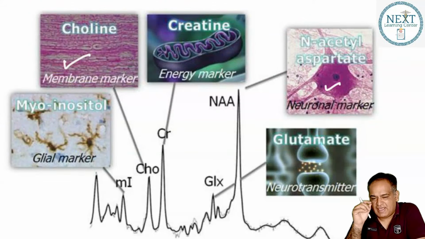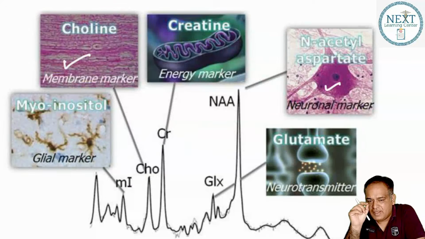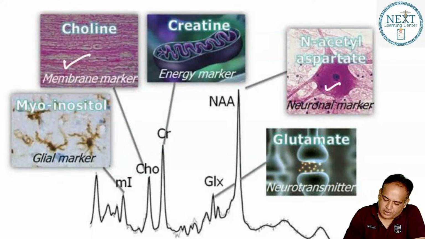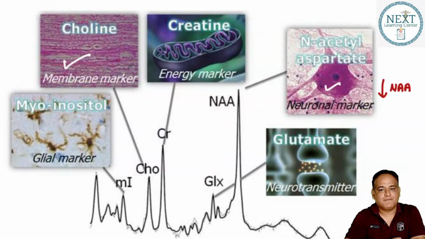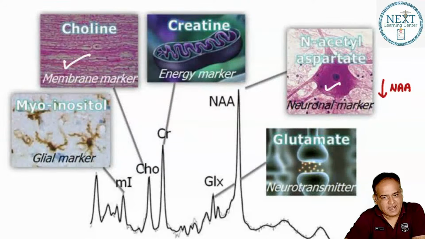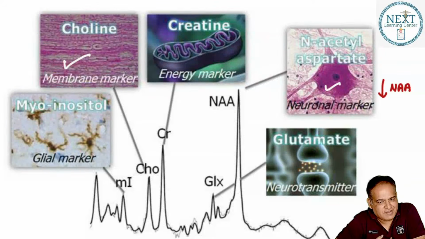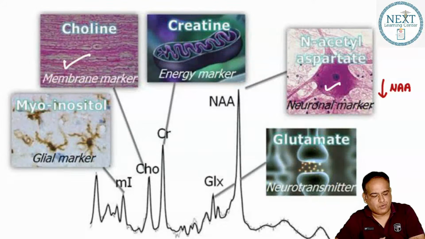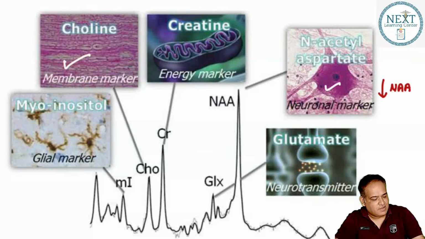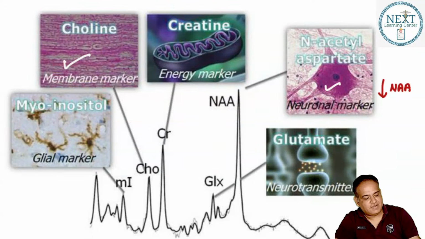So let's say any disease in the brain which is killing the neurons will cause decline in the value of NAA. N-acetyl aspartate. Any disease which is killing the normal neurons will cause decrease in the level of N-acetyl aspartate.